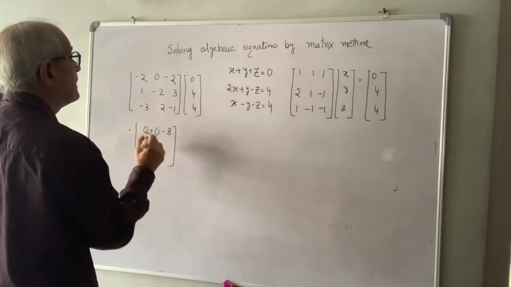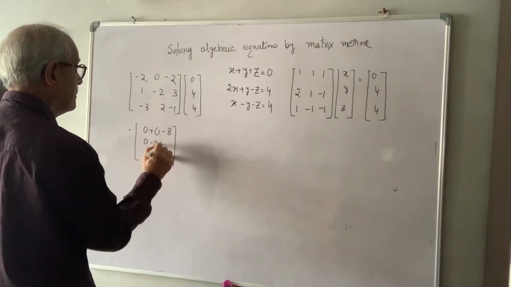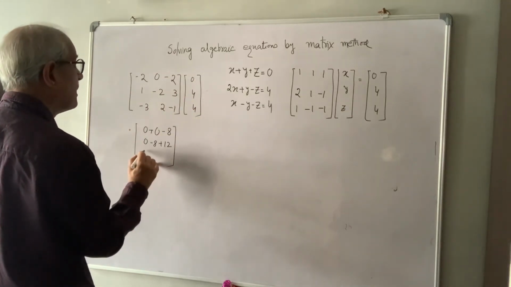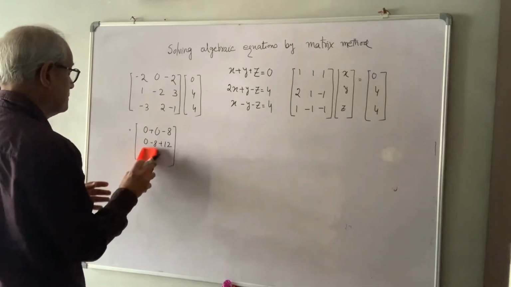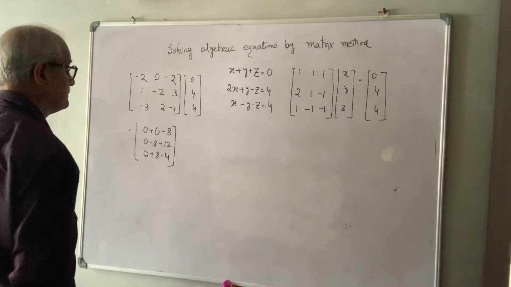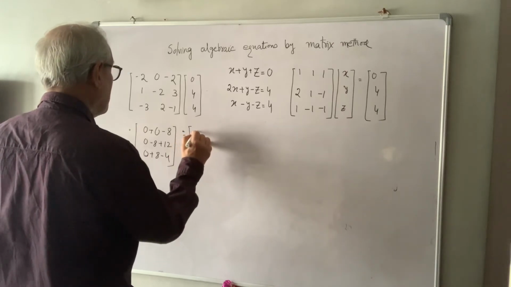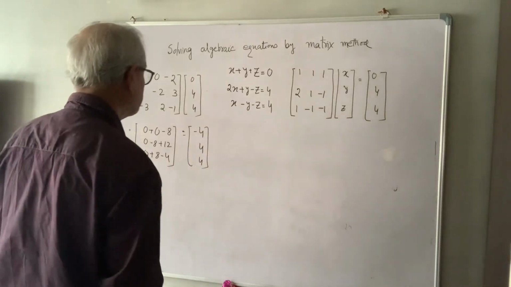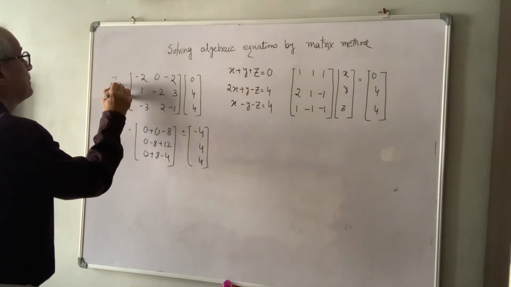Then this is 0, this is minus 8, this is 0, minus 8 plus 12, and this is 0, 8, this will be 0 plus 8 minus 4, and this we get minus 4 plus 4 plus 4. This is our A inverse into B.